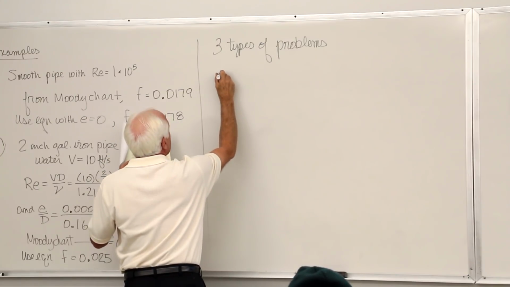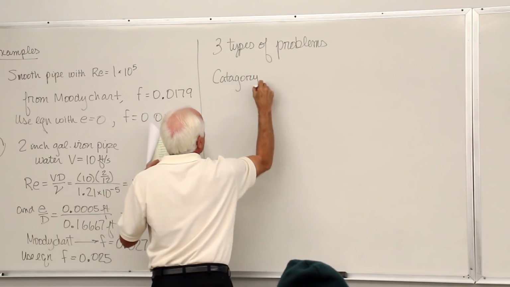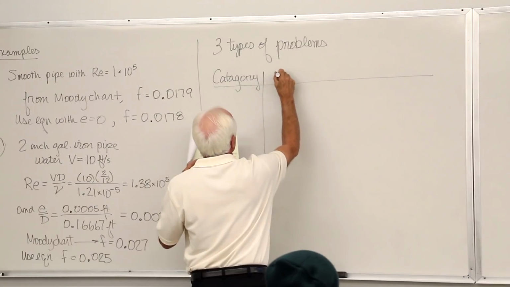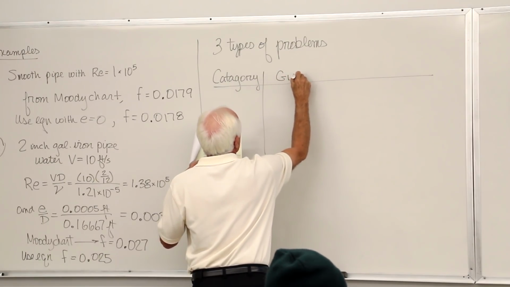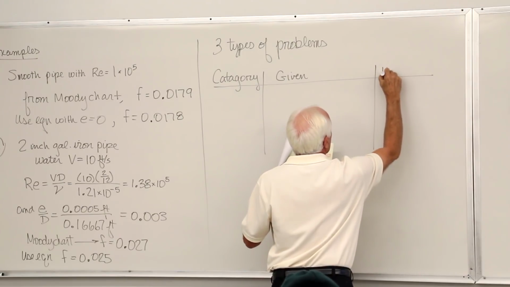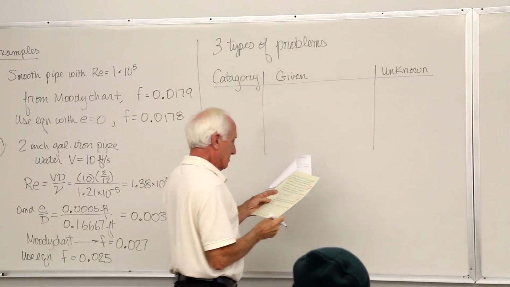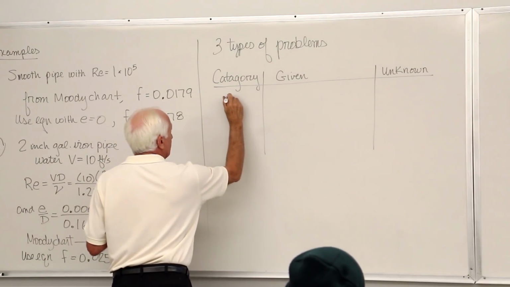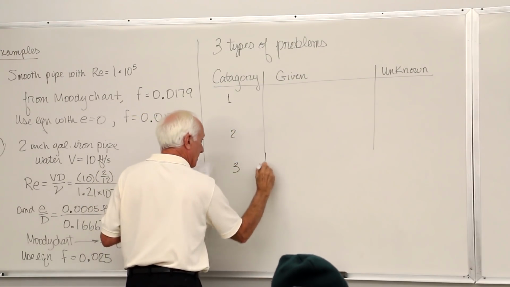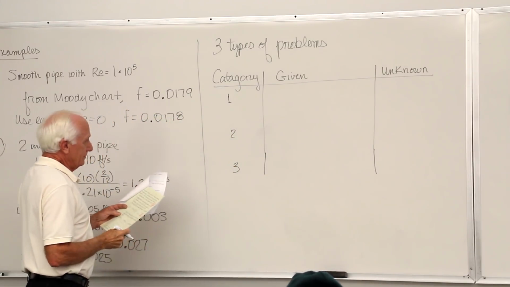We'll do category, and then we'll do what's given, and what the unknown is. There's a category 1 type problem, a category 2 type problem, and a category 3 type problem.